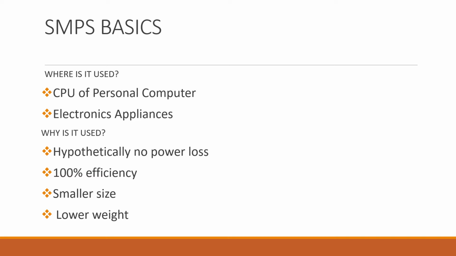The main advantage is it is very power efficient. Hypothetically, there is no power loss in SMPS. It is having theoretically 100% efficiency, practically you will get 90% efficiency. It is very small in size, also weight is very low.